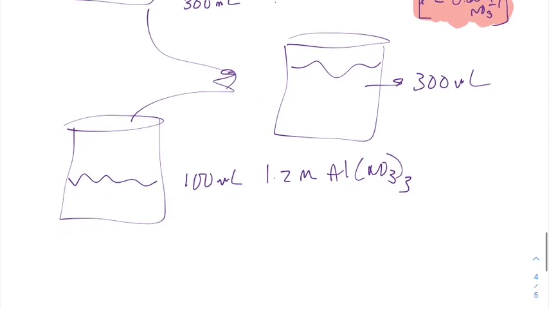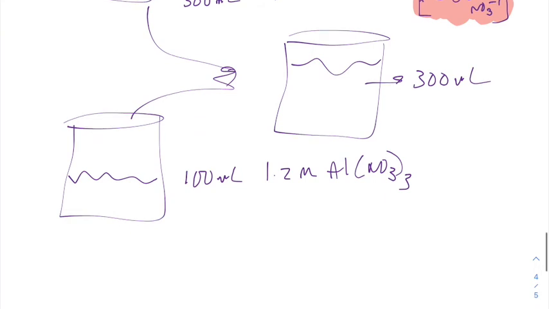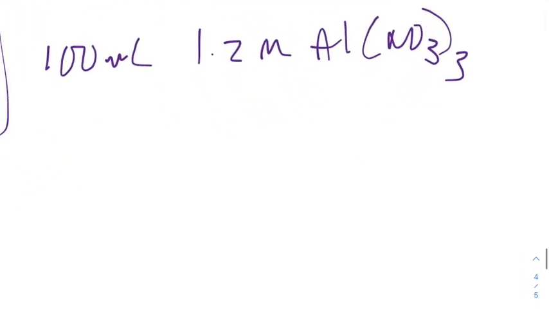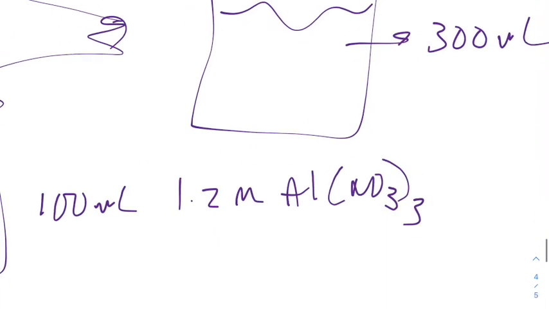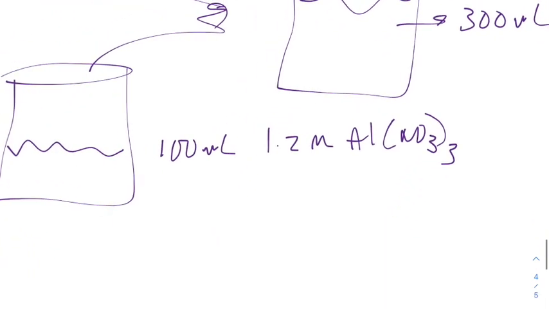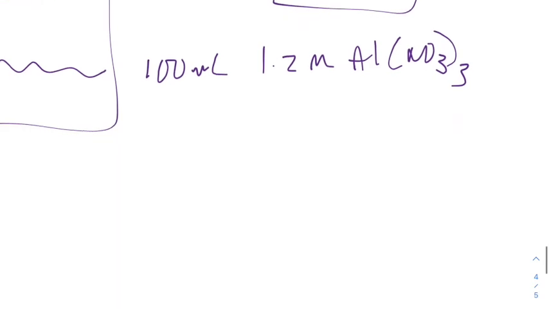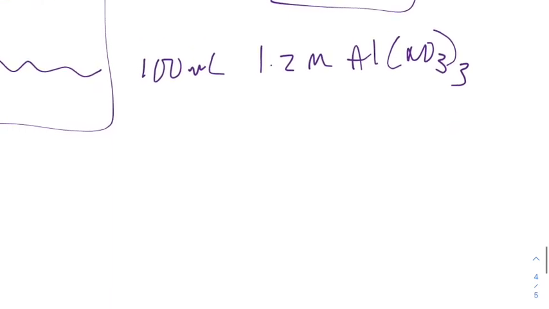But it turns out that this other solution also has nitrate in it, so that's going to be combined with the nitrate up here to make a new concentration. So let's now do the second problem, which is this one. Once again, this is a bicycle-tricycle situation.